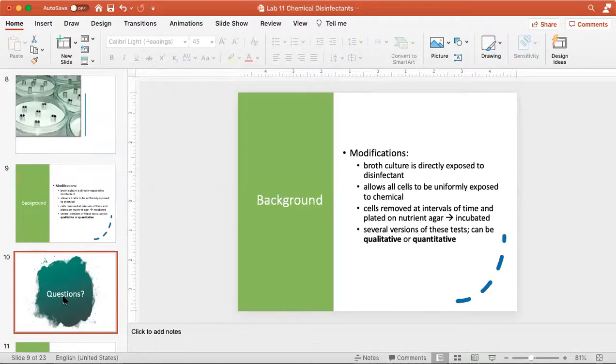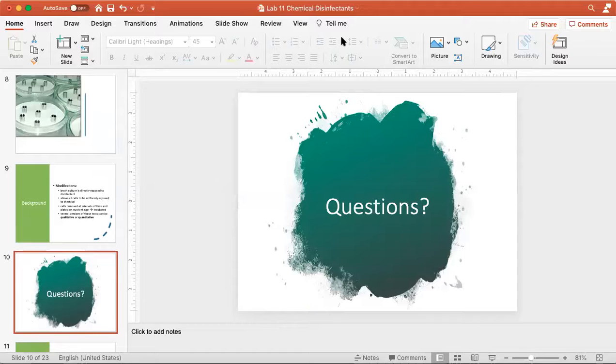All right. So before we start talking about the different families of disinfectants, let me ask if anybody has any questions so far. Any questions about what a disinfectant is? Remember, we gave it a definition that's pretty broad, right? We said it's going to eliminate common pathogens from inanimate objects, from surfaces and objects.